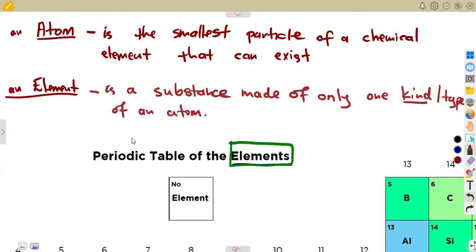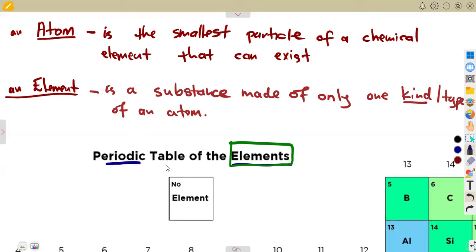It is just one type or one kind of an atom that is making up an element.